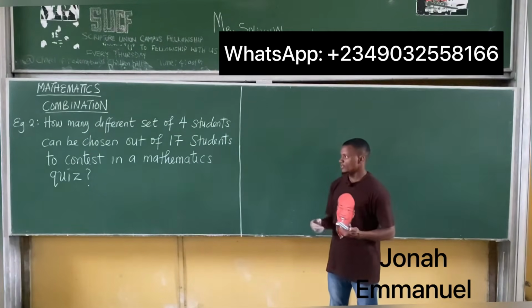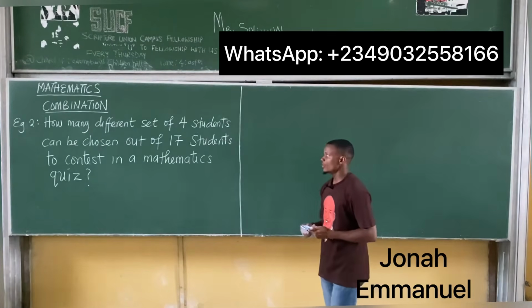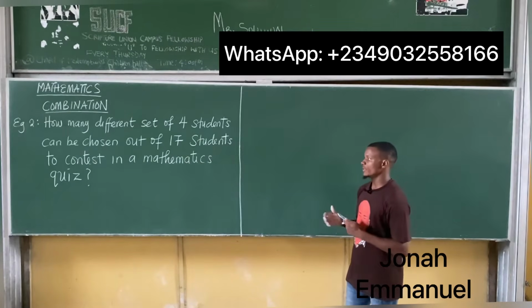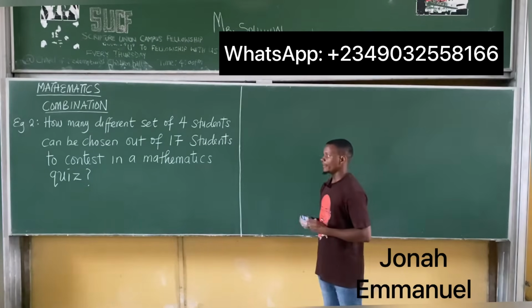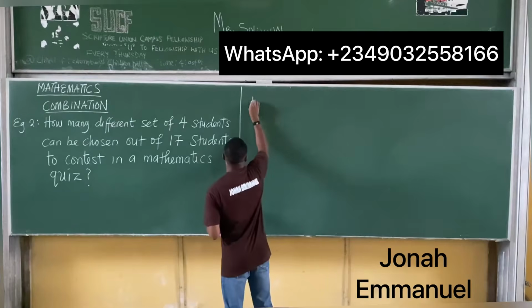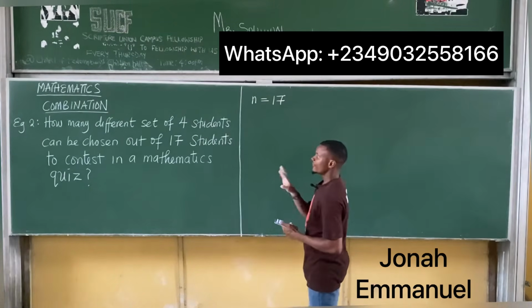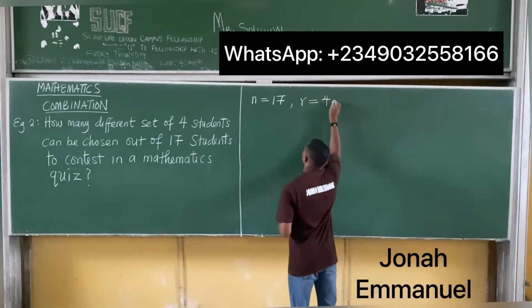All right, so let's look at the second example. Now, this question says, how many different sets of 4 students can be chosen out of 17 students to contest in a mathematical quiz? So for what I have here, my total number of students, n, is equal to 17. I'm choosing 4 at a time. That means r is equal to 4.